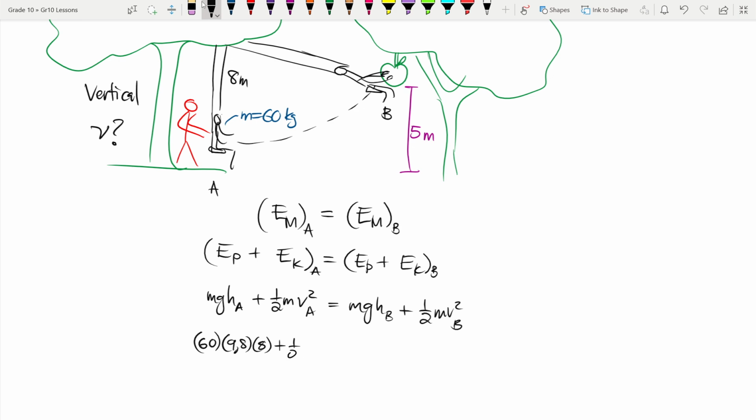Then vA is what we're looking for, right? Yes. Then 60, 9.8, hB is going to be 5, plus 1/2, 60. What about vB?